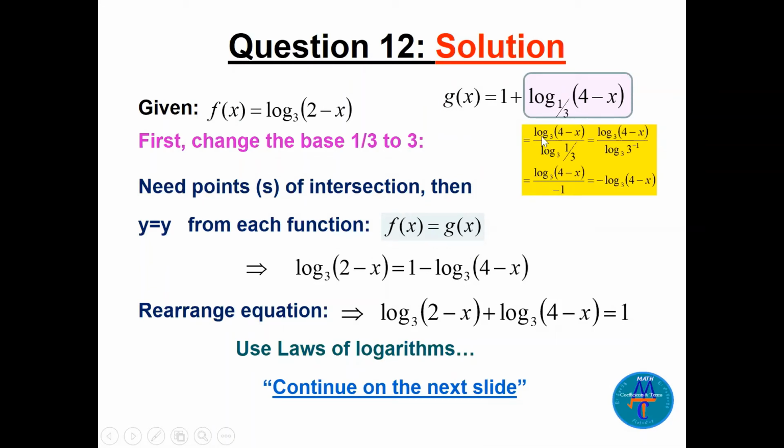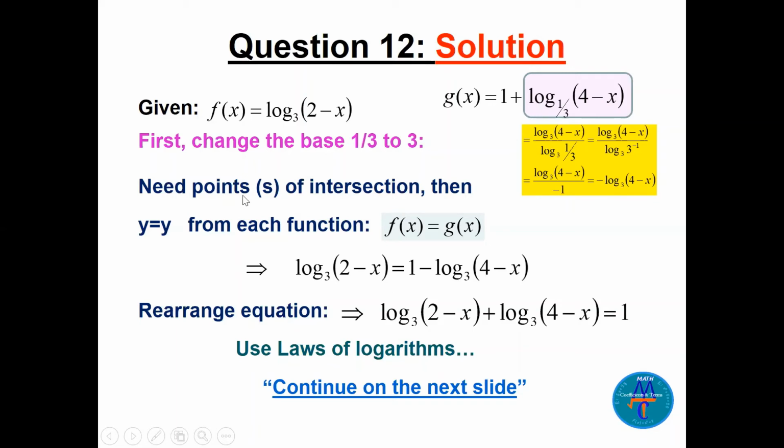By using the change of base formula, this becomes log base 3 of 4 minus x over log base 3 of 1 over 3. So this becomes 3 power minus 1. So there's a minus 1 here, so it will be on the line. So now we have function g, 1 minus log base 3 of 4 minus x.